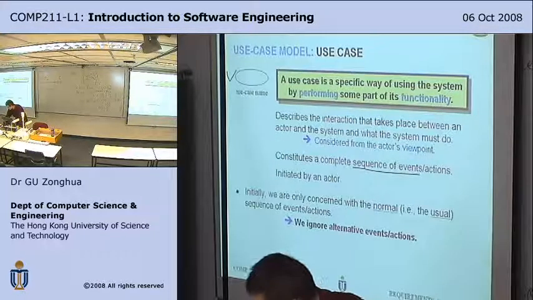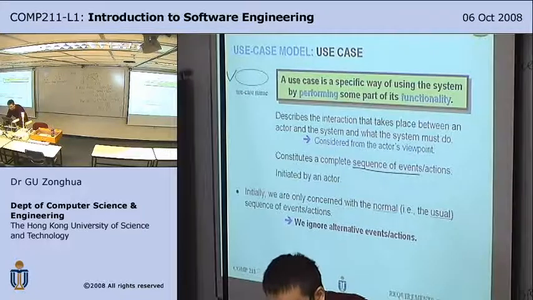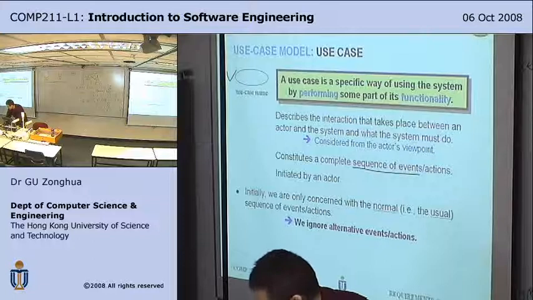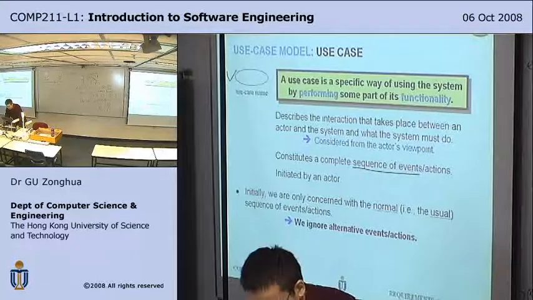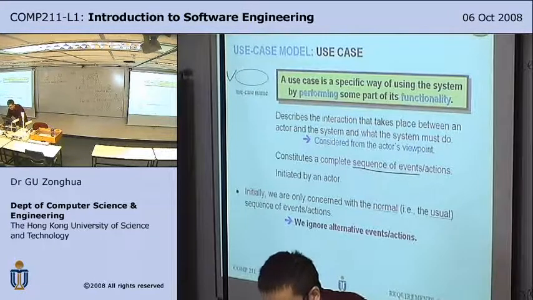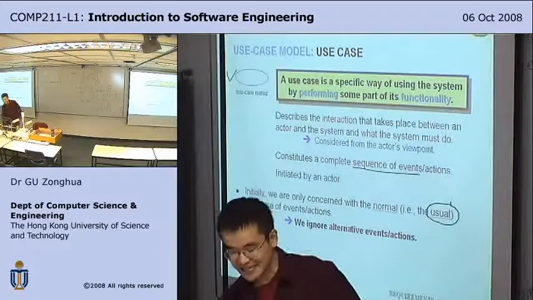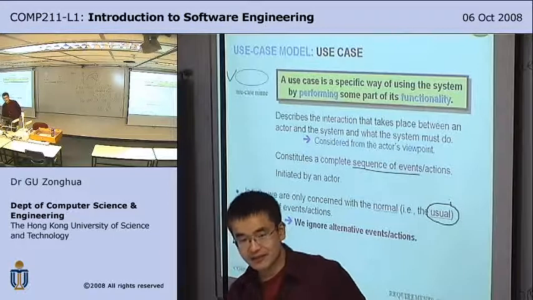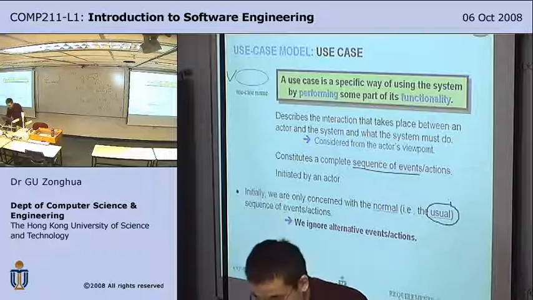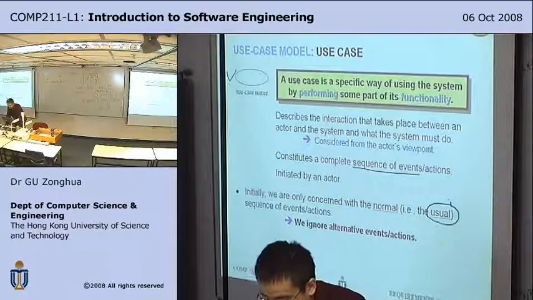Initially, we're only concerned with the normal sequence of events and actions and ignore alternative events and actions. The normal, usual sequence is also called the sunny day scenario. That is, everything goes smoothly, everything goes right, nothing wrong happens.